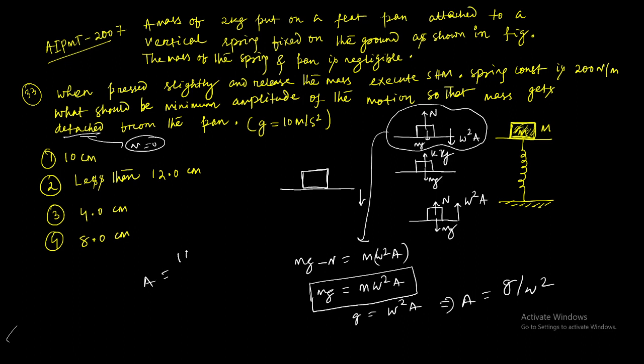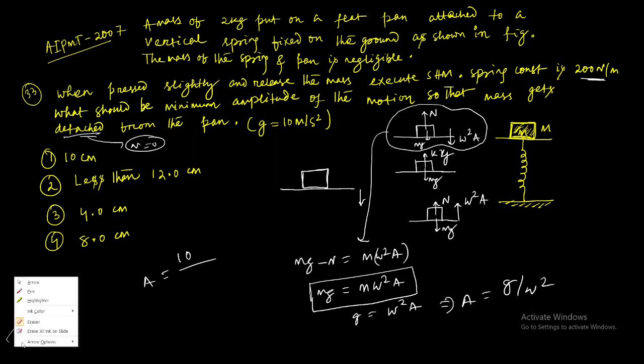Now put all the values. Amplitude equal to g, which is 10, divided by omega square. Omega you can find out here: 2 kg mass, and the spring constant they have given is 200, right? 2 kg mass and 200 is your K value. So omega square will be K by m.